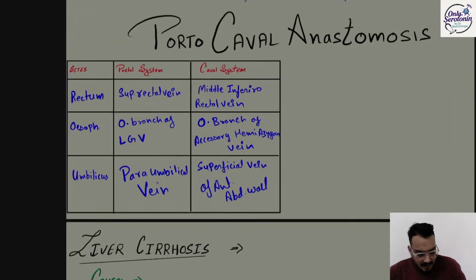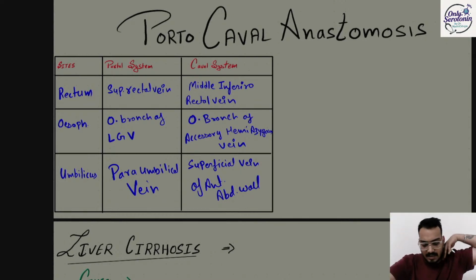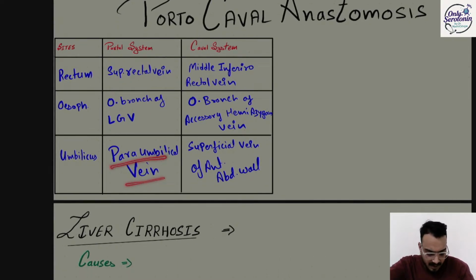So on three sites, I'm going to have the combination of the portal vein as well as my inferior vena cava. What are all these three things, guys? The superior rectal vein from the portal system attaches with the middle and inferior rectal veins from the caval system. Then the esophageal branch of the left gastric vein and the esophageal branch of the accessory hemiazygous vein combine with each other, and the para-umbilical vein and the superficial vein of the anterior abdominal wall attach with each other.